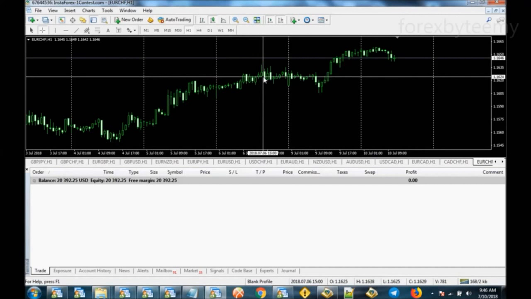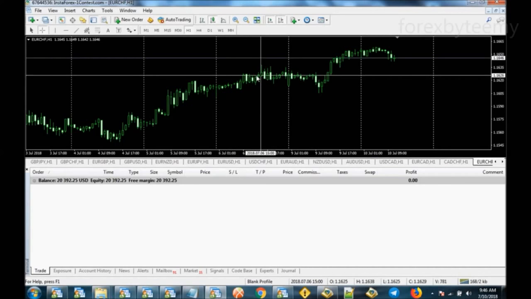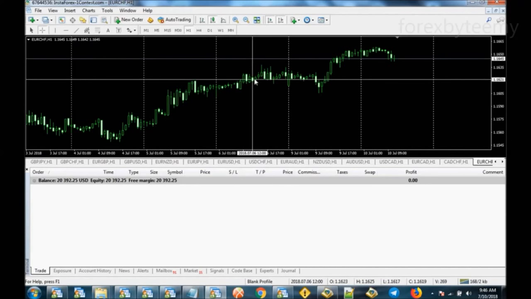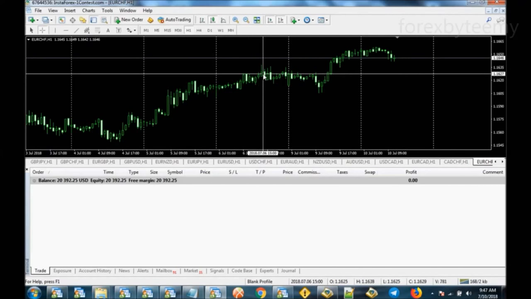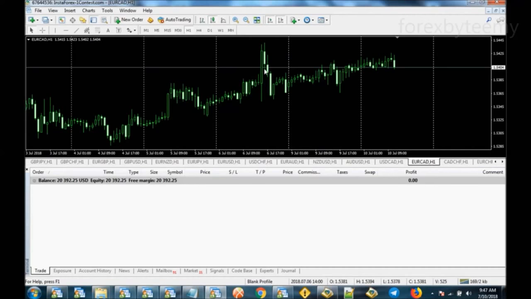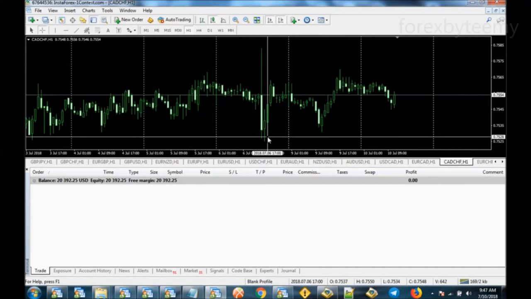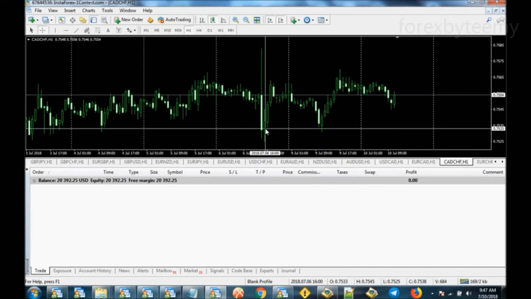Just before then, the euro had been very strong compared to the Swiss franc; the euro has been showing much more strength. So you are talking about EUR CAD here. Which of them will the CAD be able to pull more? You pull more on the one that is weaker. Since the Swiss franc is the weaker one, it's good to take the CAD CHF for the buy.